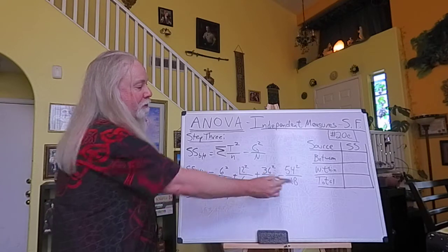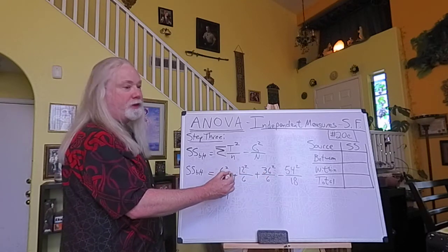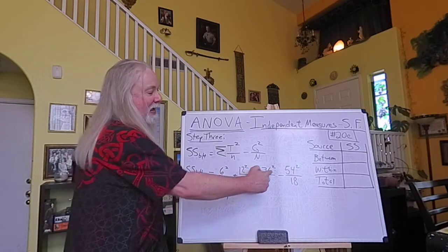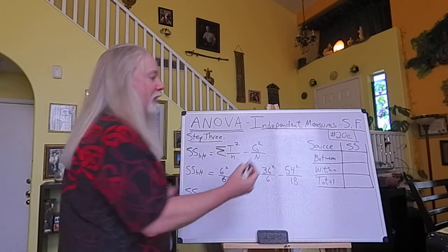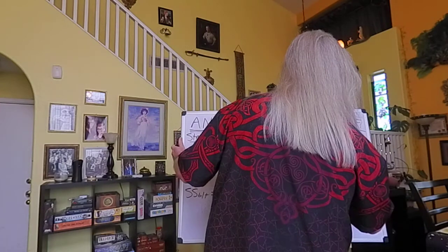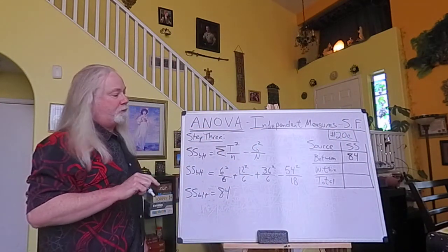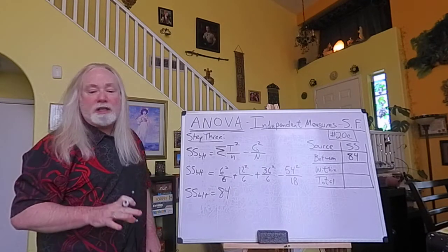Remember, it's all separate fractions. Figure out what this fraction is first, then that fraction, then the next, and then add, subtract, and you'll get 84. So we're just going to write the number right in our box there. So the first calculation is done.